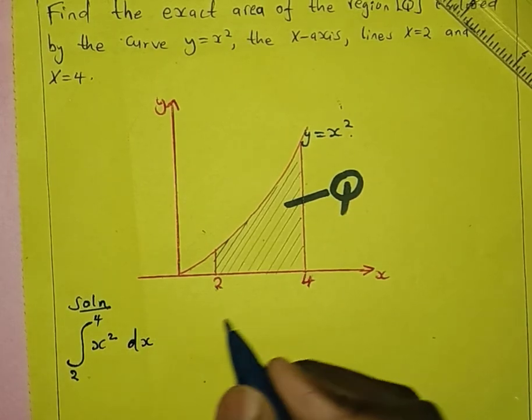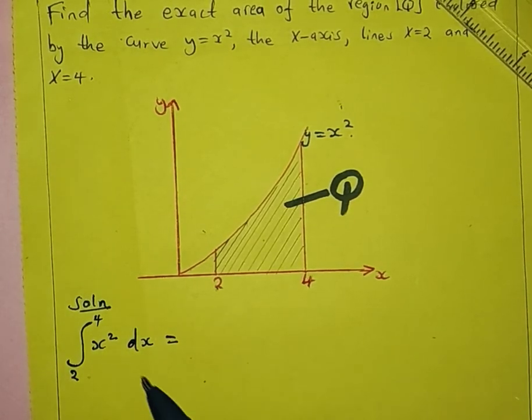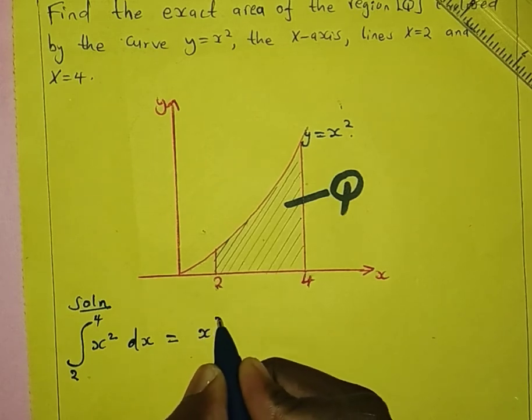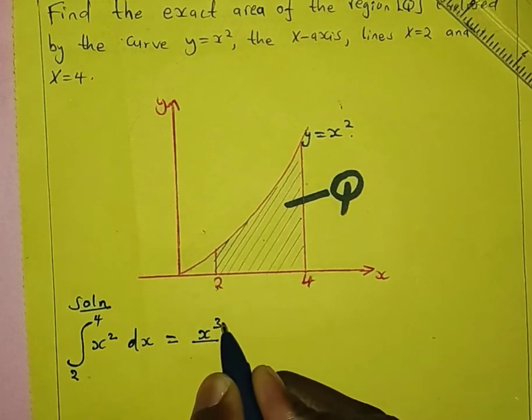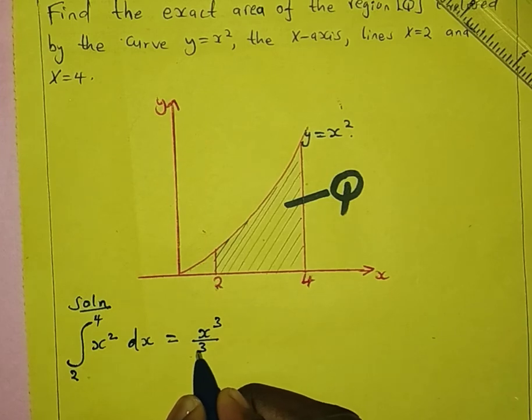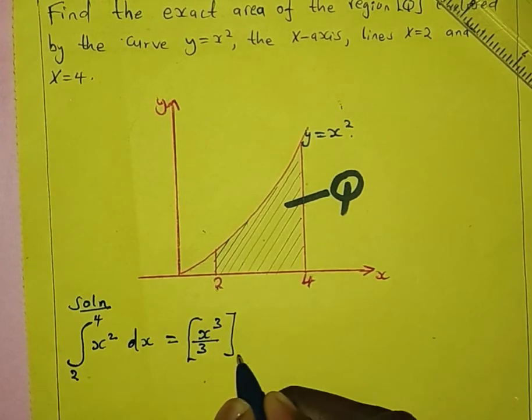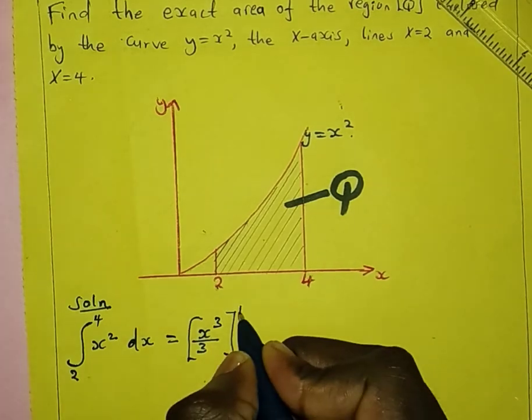Integrating here, we add 1 to the power, then divide by the new power. Adding 1 to 2 is 3, so it will be x cubed, divided by 3. Then of course we have our lower limit as 2 and our upper limit as 4.